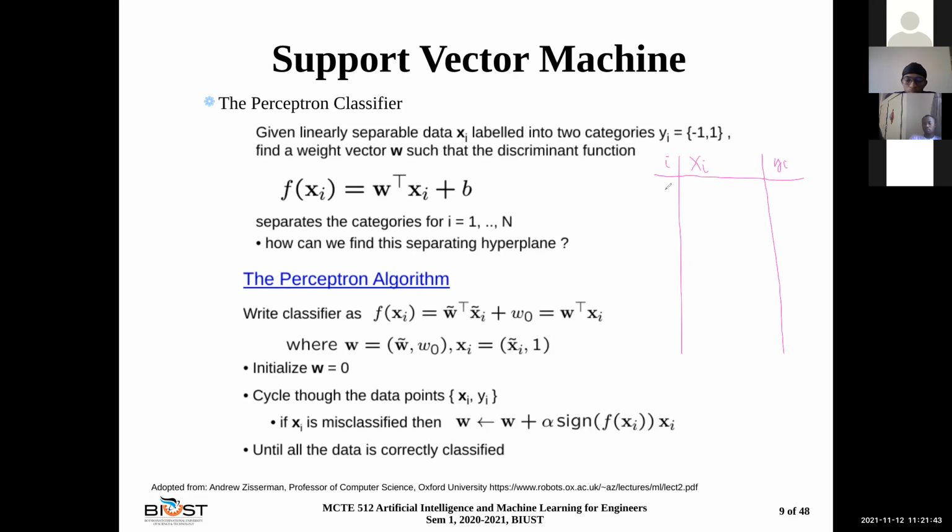So for example, for the ith data, you have x1, x2, so maybe you have 1 and 0.5. Let's assume that x1 is 1 and that's 0.